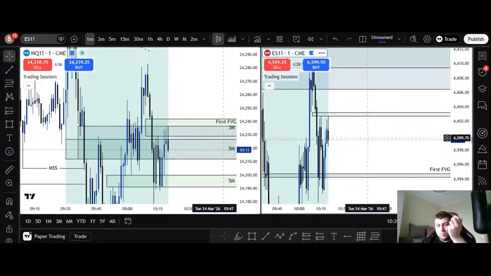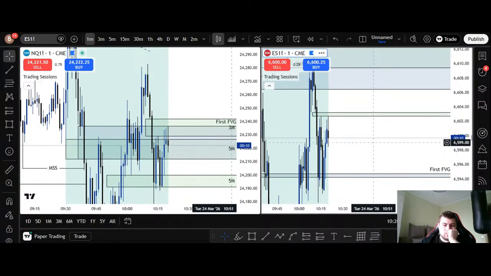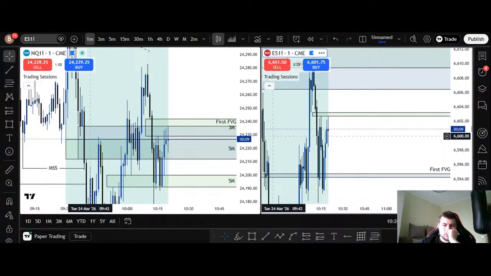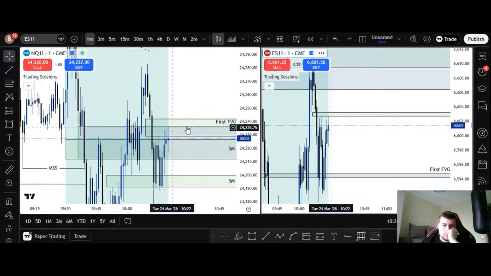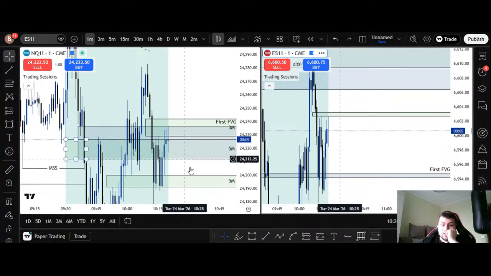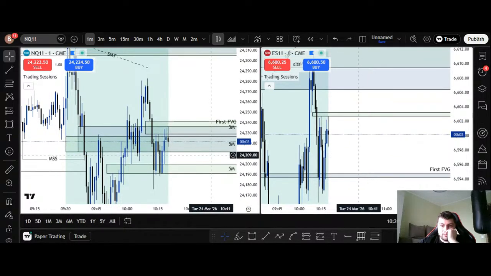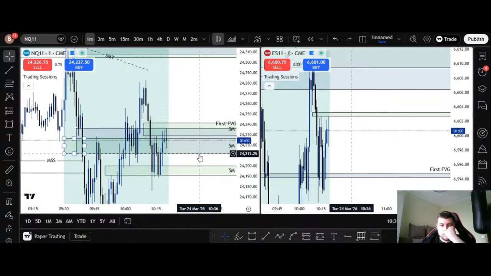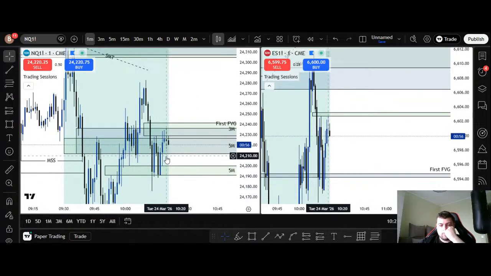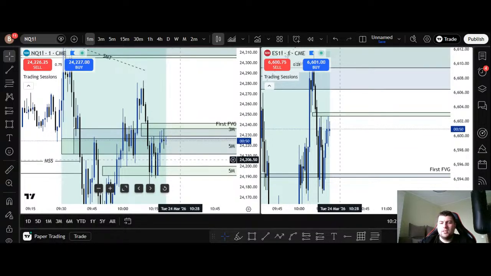Honestly, at this point, all I want to see is just a really strong displacement. I also can see that there is this first presented fair value gap that's extremely valid. Yeah, I feel like we're gonna push higher now. I think so. I really think so.